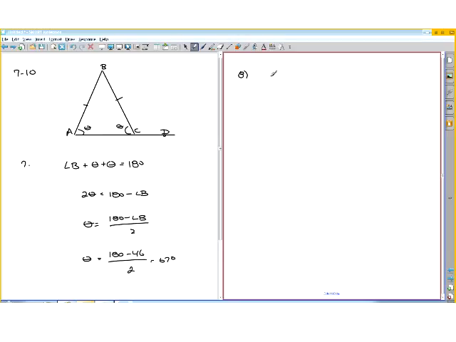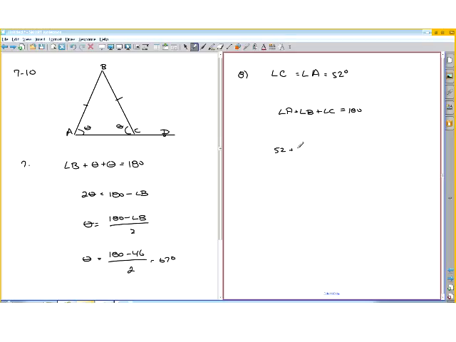Okay, number 8. If angle C measures 52, what is the measure of angle B? Well, angle C equals angle A, equals 52 degrees. And we know that angle A plus angle B plus angle C equals 180.